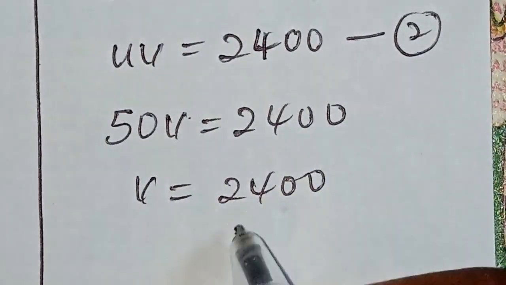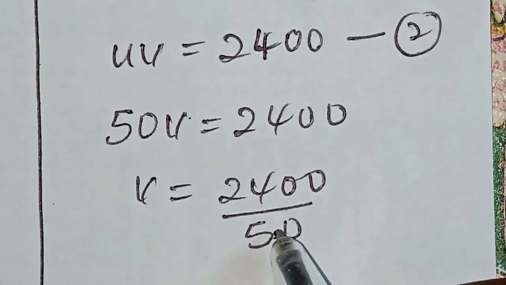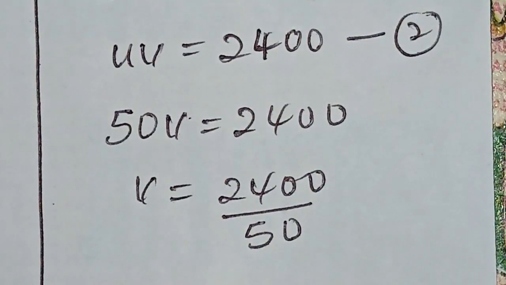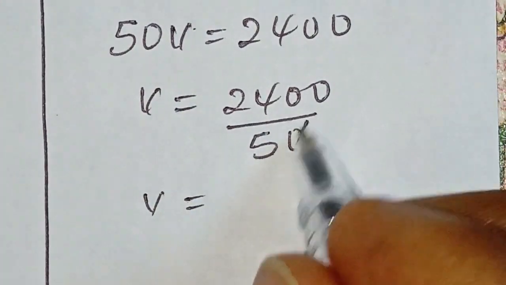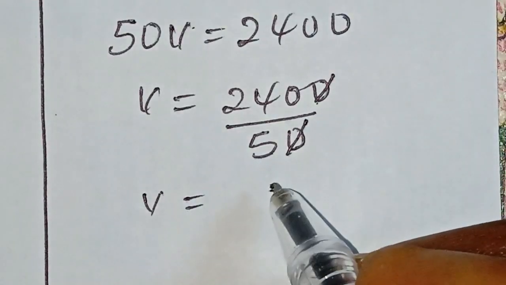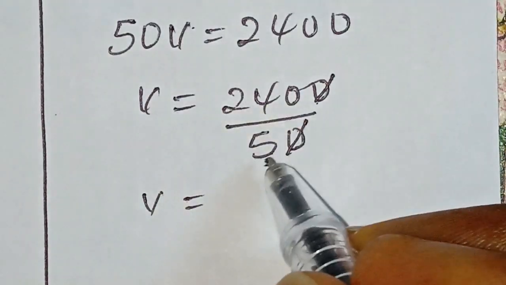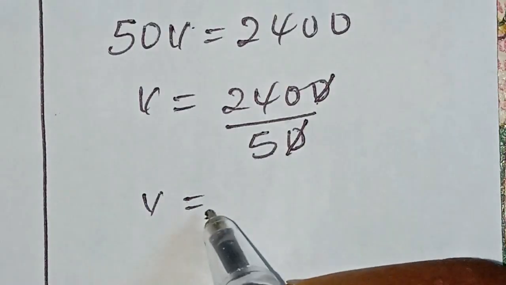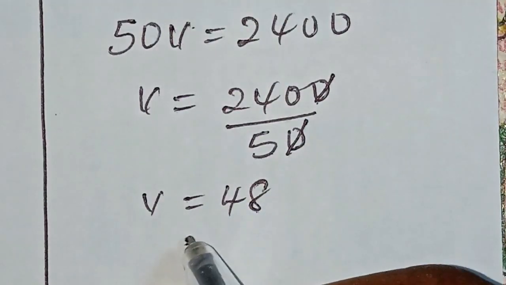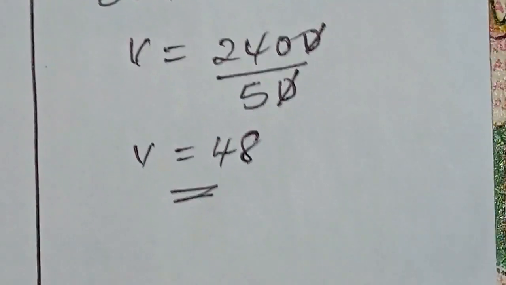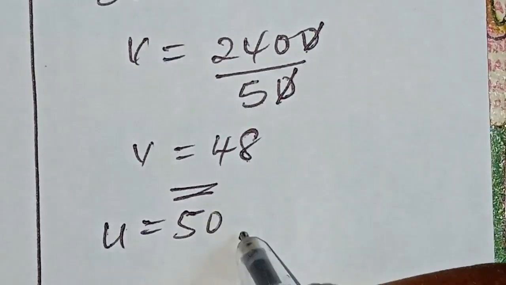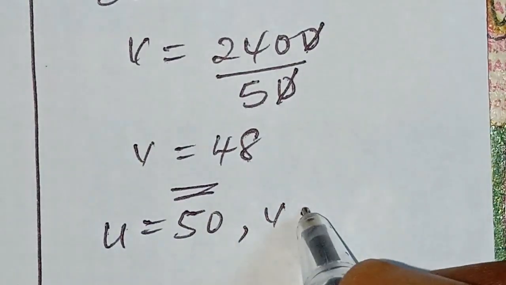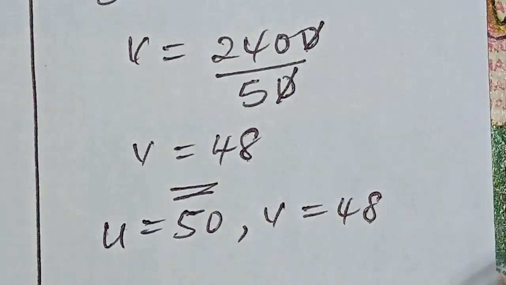Then v will be equal to 2,400 over 50, and the zeros cancel each other, 240 divided by 50, and we have 48 to be the value of v. So when u is equal to 50, then our v will be equal to 48.